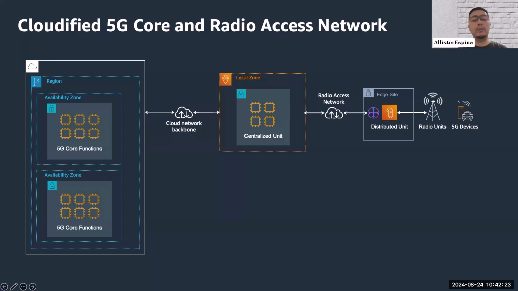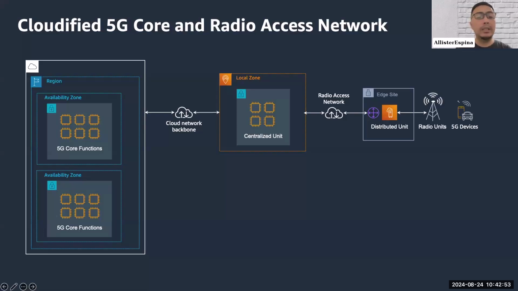A local zone, by the way, is already available in Manila, and it suits use cases like low latency and data residency requirements, if you want to process your data in the country only but still want to experience the same AWS experience. A local zone is fully managed by AWS, so you can consider moving workloads on AWS to local zones.